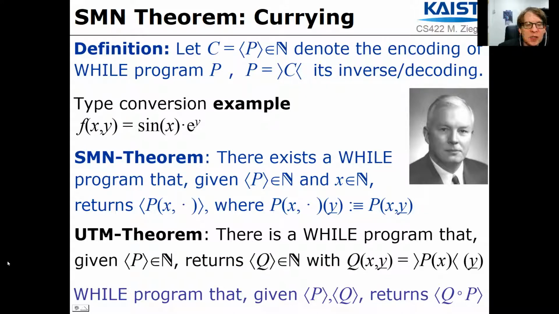And finally, closure under composition: given two codes of two programs, one can convert that into a single code of one program that computes the composition of both.